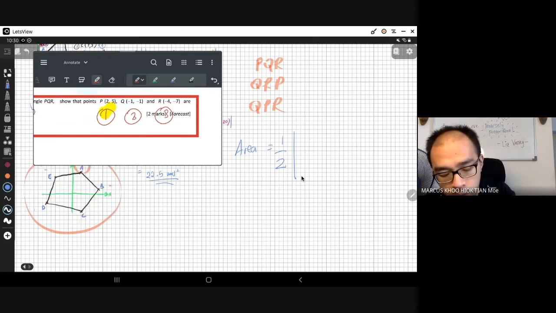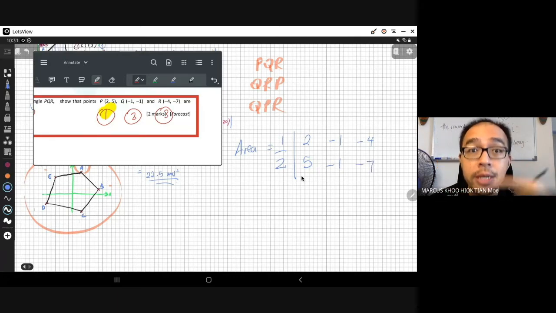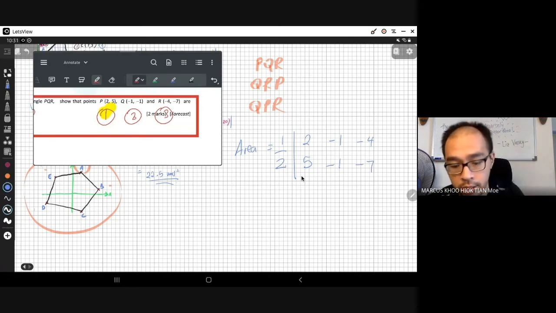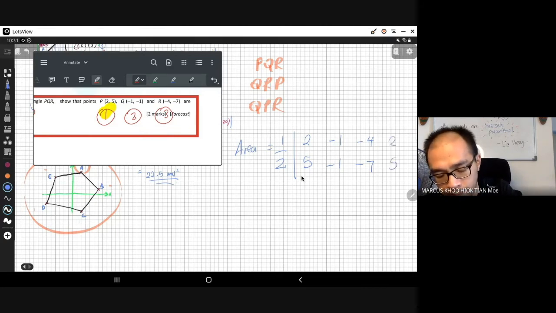So 2, 5, then -1, -1, and -4, -7. And then don't forget, repeat the first coordinate again, so 2 and 5. Then we're going to have the red team and the orange team.